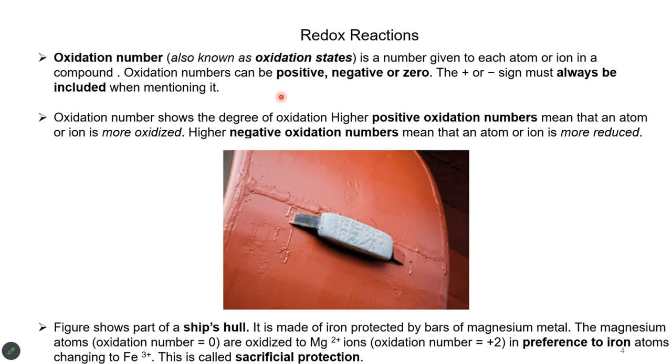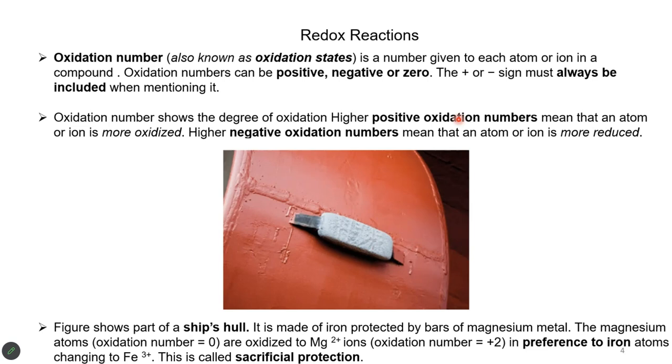That will tell us which one's degree of oxidation is higher and which one's degree of reduction is higher. So a more positive oxidation number of an atom or ion in a compound means it is more oxidized. A negative oxidation number means that it is more reduced.